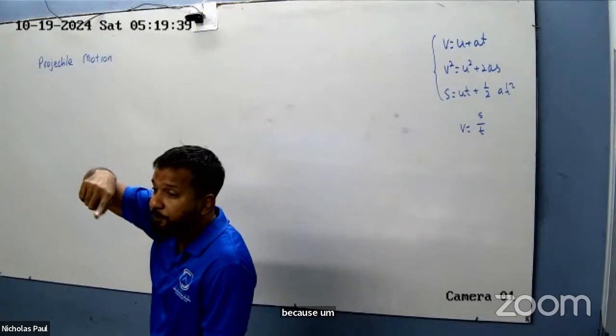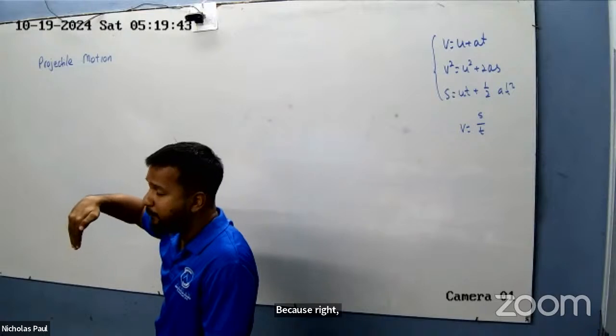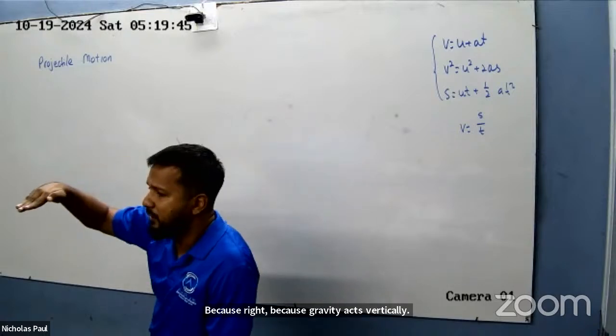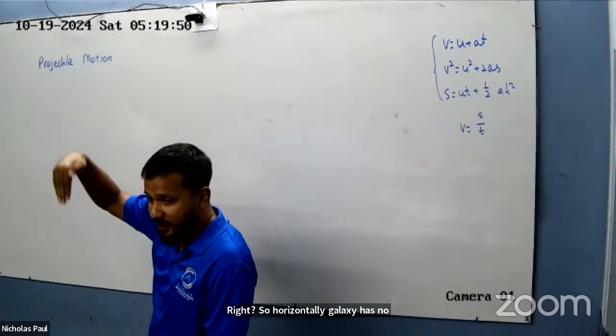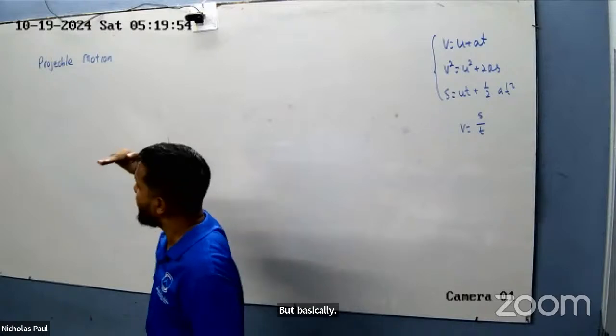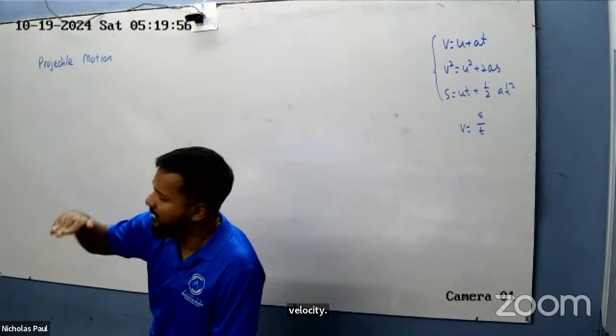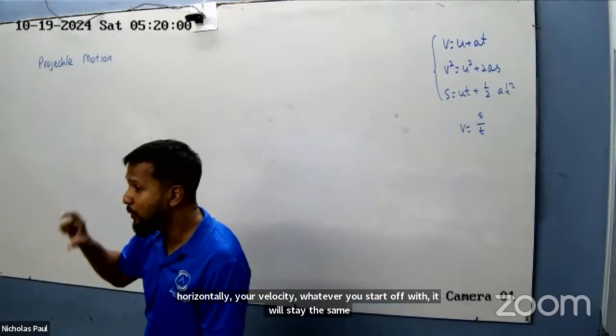Because gravity acts vertically. So horizontally, gravity has no effect on the velocity, but vertically, gravity has an effect on velocity. So horizontally, whatever velocity you start off with will stay the same. That component will stay the same.